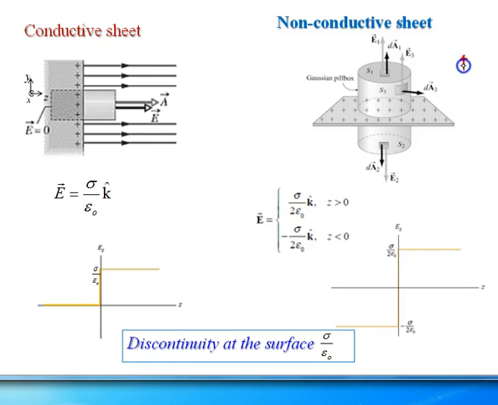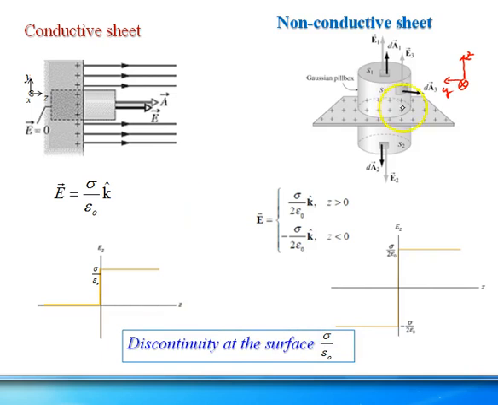If this was our z-axis, then this was our y, and this was our x. And we got our positive k and negative k, up and away in both directions, but we had divided by 2 epsilon naught instead of just epsilon naught. They both have the same discontinuity at the surface of sigma over epsilon naught.